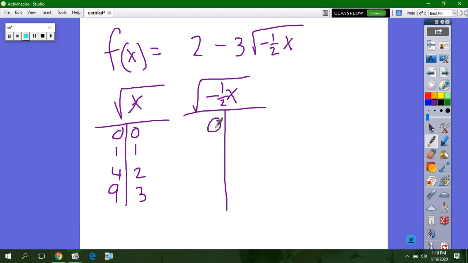So this would still be 0, -2, -8, -18, giving 0, 1, 2, 3. Once again, if you don't believe me, what can we do? At any stage, plug it in. Let's try -18. -18 times -1/2 is 9. Square root of 9 is 3. So do you see how it still works?